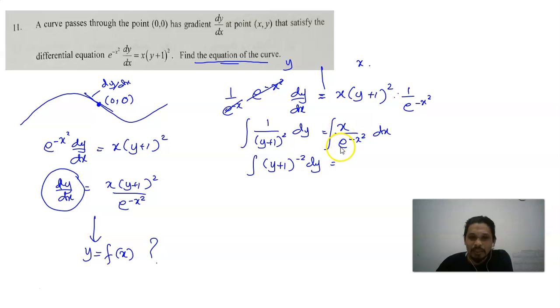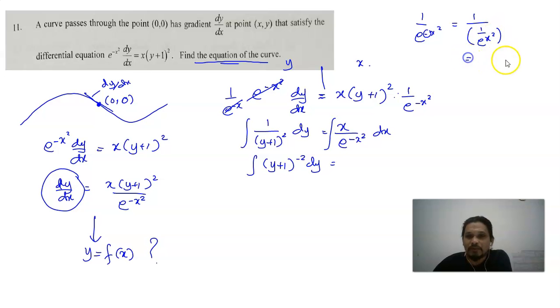And what about this one here now? 1 over e to the power of negative x squared. Power of negative means 1 divided by 1 over e to the power of x squared.